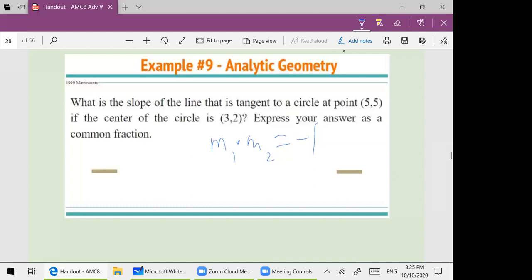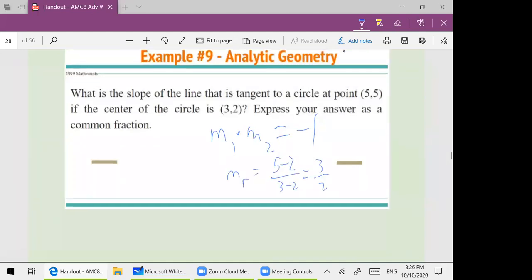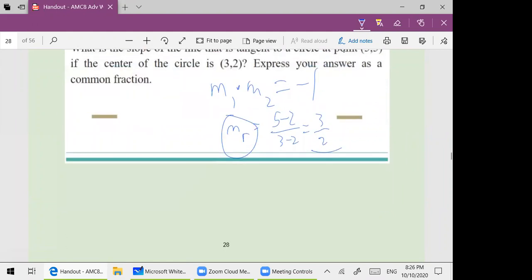Okay, so here's the slope of the radius, which is just 3/2. And since mr times m equals -1, m equals -1 over mr equals -1 over 3/2, which is -2/3.